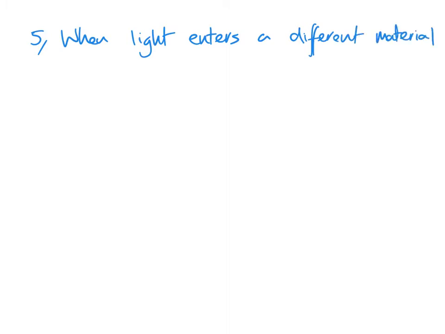So when light enters a different material, and we usually call whatever material a wave is travelling through the medium, so I'll put that in brackets because you'll probably come across that word. You might see this phrased as when light enters a different medium.